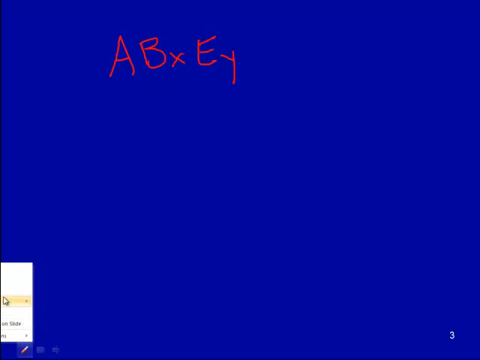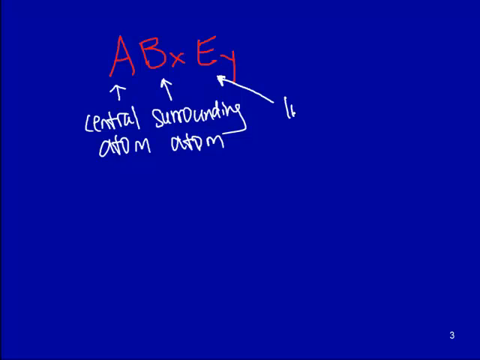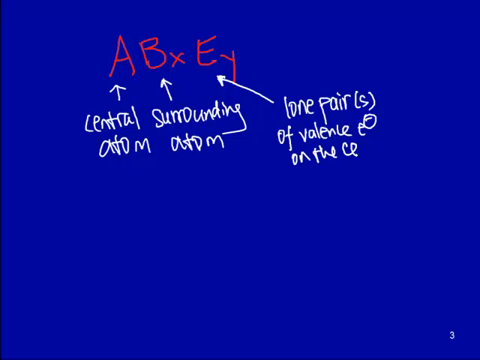What is being represented here is: A represents the central atom, B represents the surrounding atoms, and E represents lone pairs, pairs of valence electrons on the central atom.